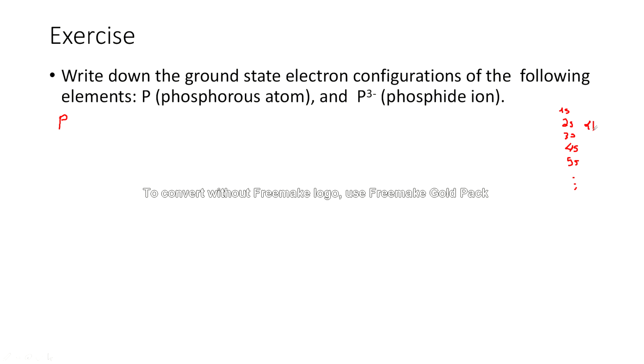Then we have 2p, 3p, 4p, not going to continue because of time. Then 3d, 4d, and then 4f. So we need to write the order of the orbitals.